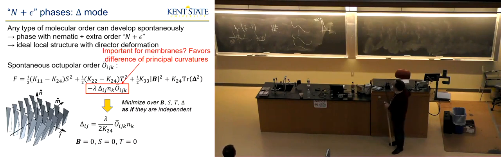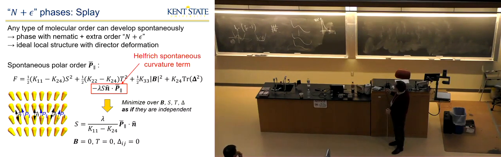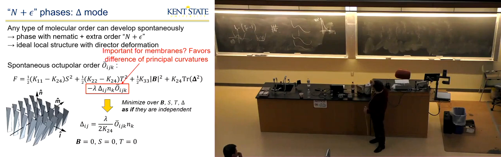In the same way that the splay case has a polar order, a difference between up and down, that induces a sum of the principal curvatures, so it tends to make a membrane take a shape like a sphere, I'm speculating that this kind of order of funny shaped objects would induce a difference of the principal curvatures and would induce membranes to make a saddle-like shape.